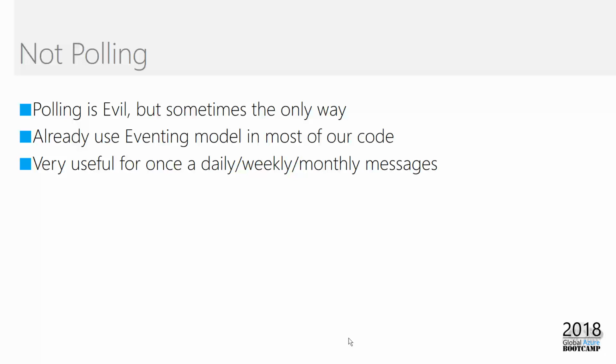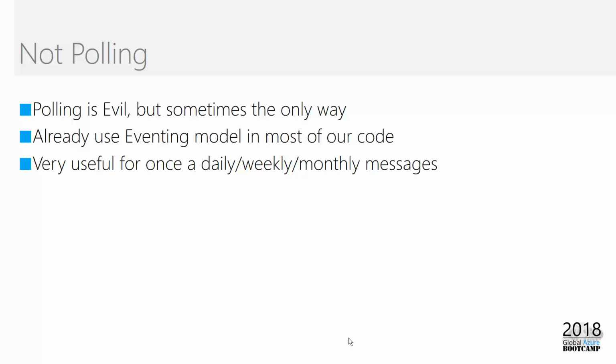I've been doing integration now for about 20 years, and this is my kind of mantra: polling is evil. Because it uses a lot of resources in your environment for very little work. If I've got something where I'm getting a message in once a day, I may be checking every 5 minutes to see if that message is there.